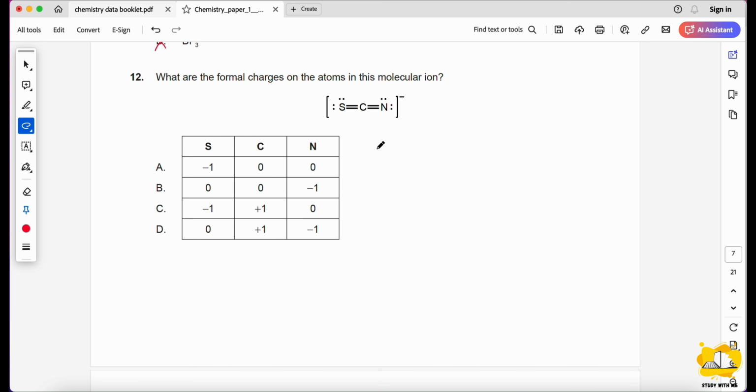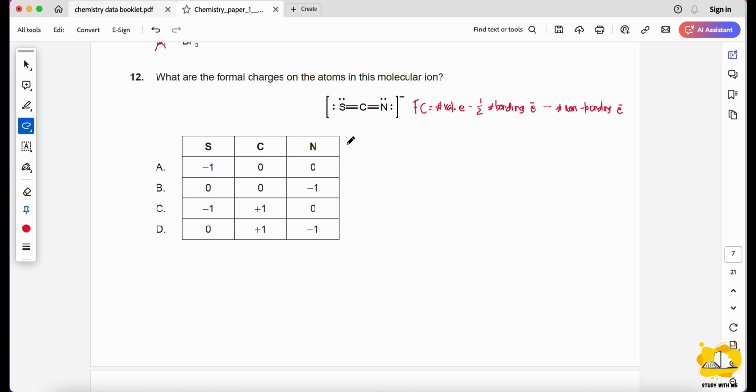What are the formal charges on the atoms in this molecular ion? For formal charge, the equation is the number of valence electrons minus half the number of bonding electrons minus the number of non-bonding electrons.